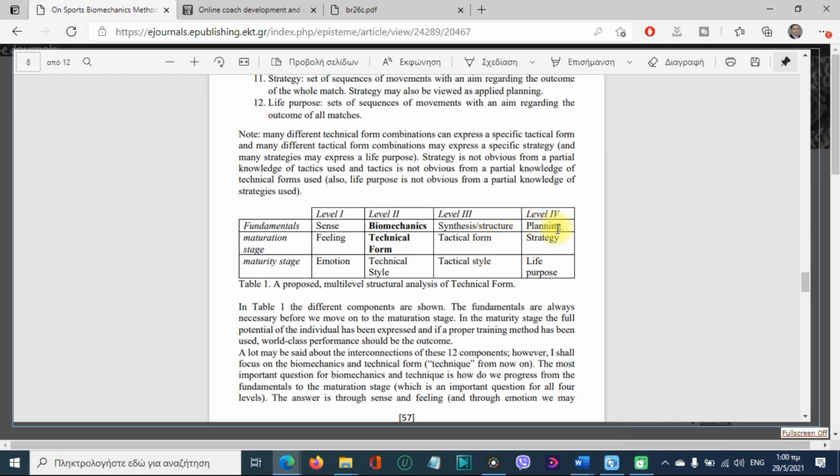And then we have planning. There are rules for planning and for goal setting, as any, for example, neurolinguistic programming practitioner will tell you. And then we have strategy and life purpose. So a subset of strategy is planning, and a subset of life purpose is strategy.